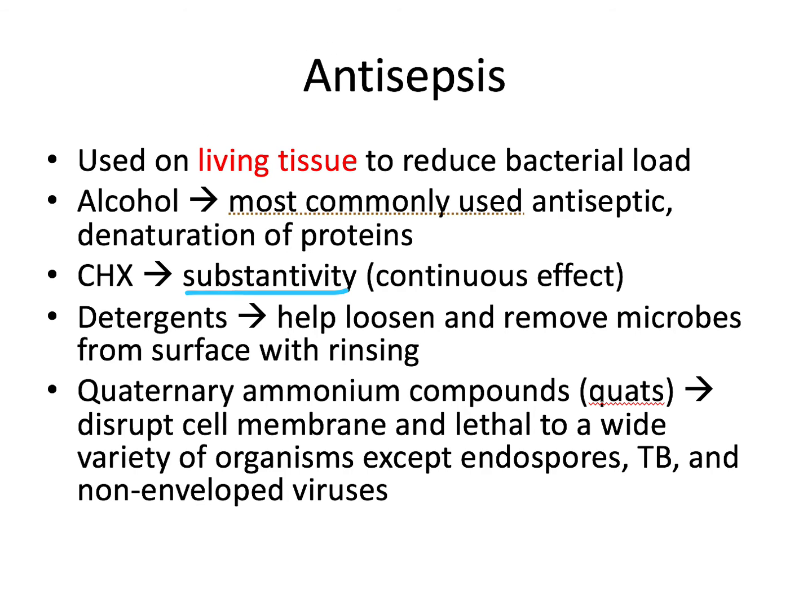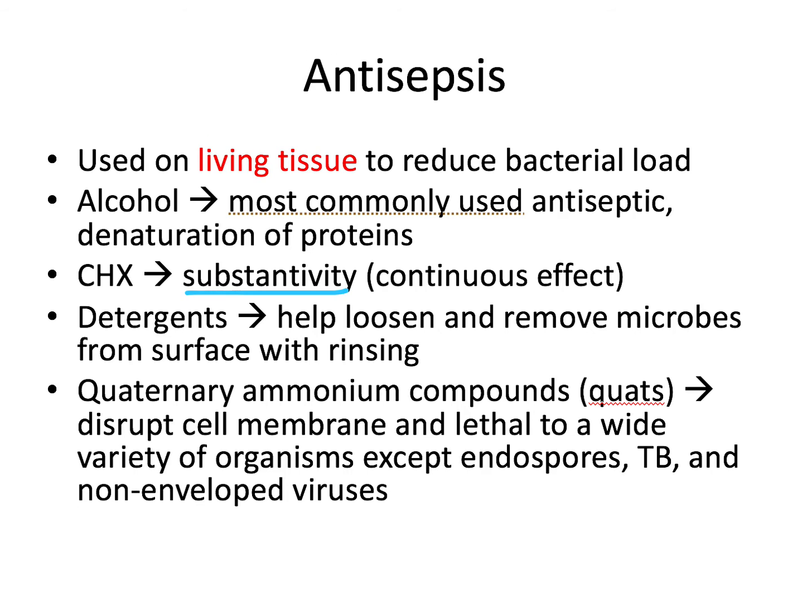Detergents help loosen and remove microbes from the surface with rinsing. So detergents, think like when you're cleaning, washing dishes, and you can use detergents to help loosen the grease and other things on your dishes. Similarly, an antiseptic detergent works. And lastly, we have quaternary ammonium compounds, or quats for short.